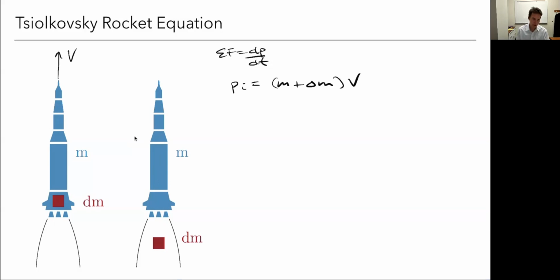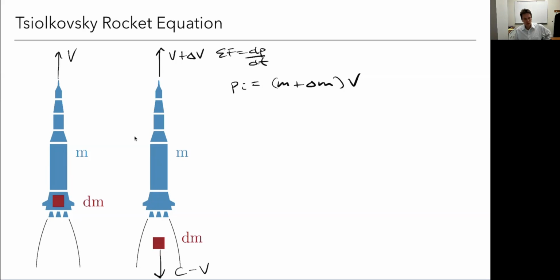At the next instant in time, some little time later, I'm going to be moving at speed v plus delta v. I don't know what delta v is. I just know that, in general, it probably changed a bit. And at the back, my mass is going to be moving at speed c minus v. So c was that effective exhaust velocity we talked about last time, because that's how I'm expelling this out of my rocket.